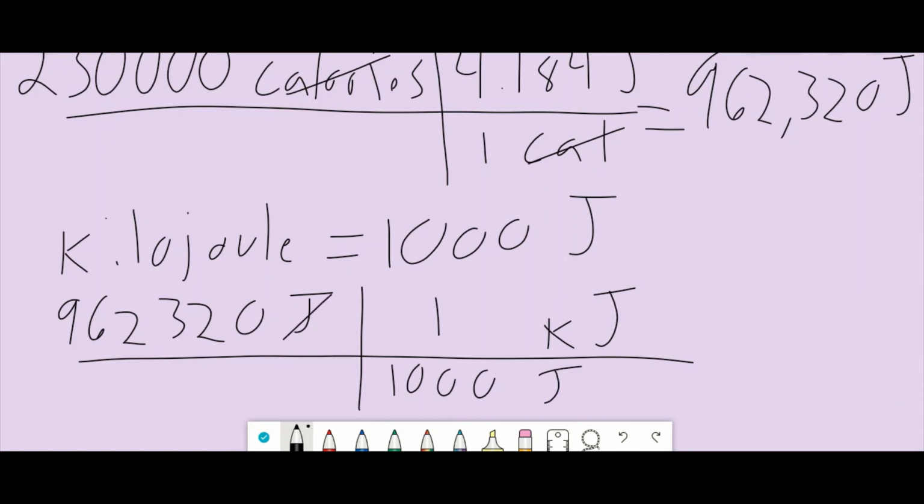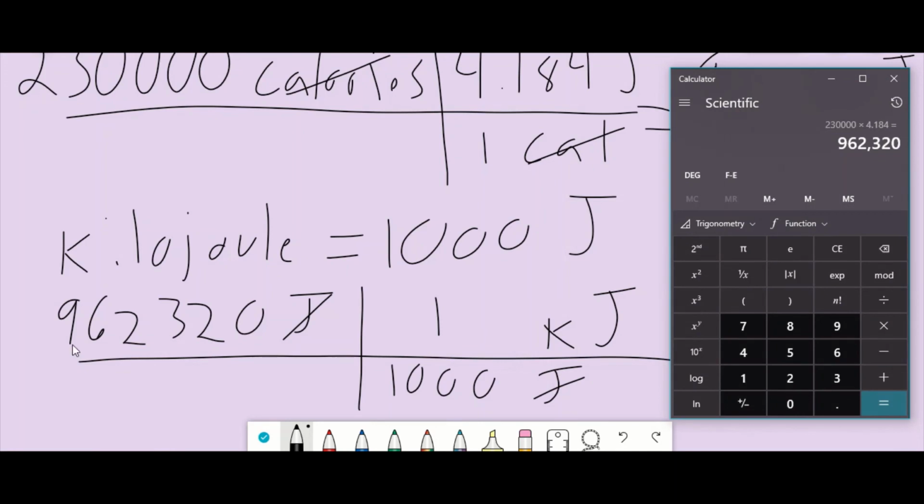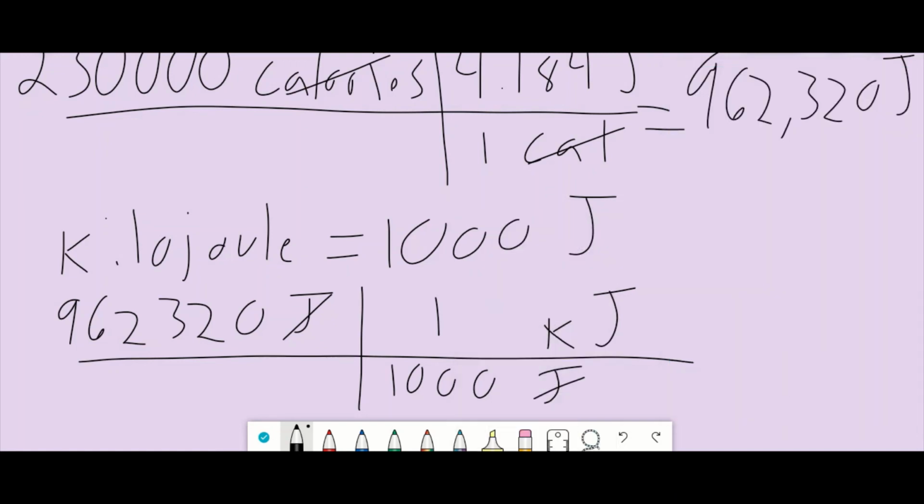The joules cross out, since joule divided by joule is just 1. So 962,320 divided by 1,000 gives us 962.32, and the unit is kilojoules.